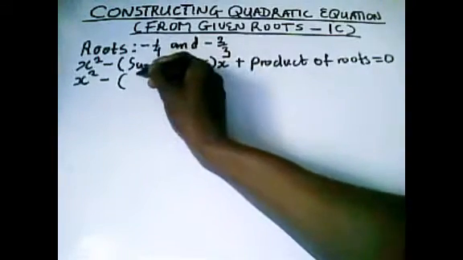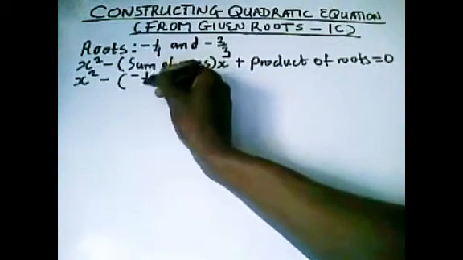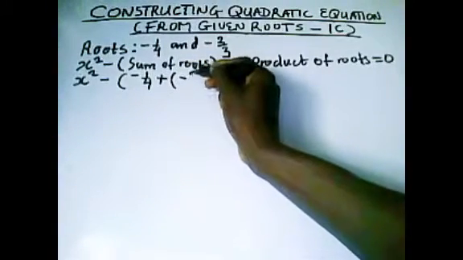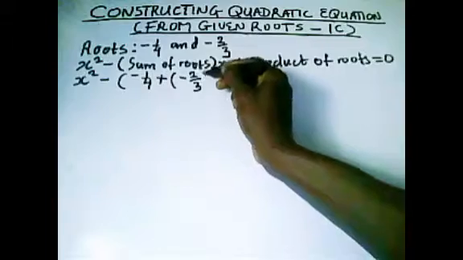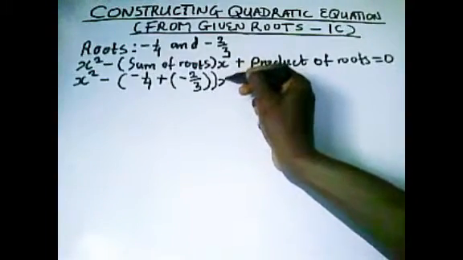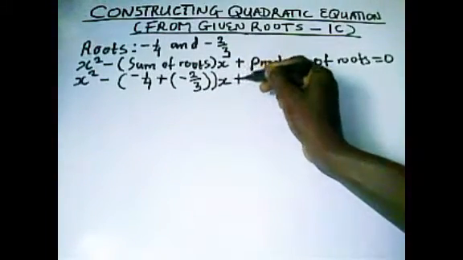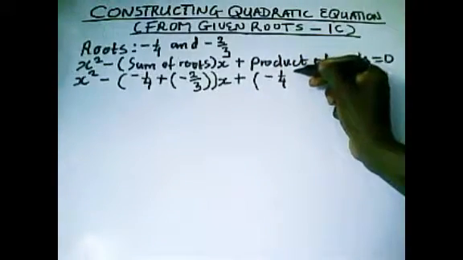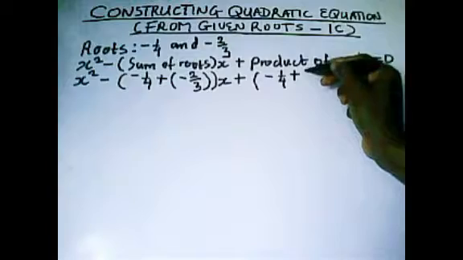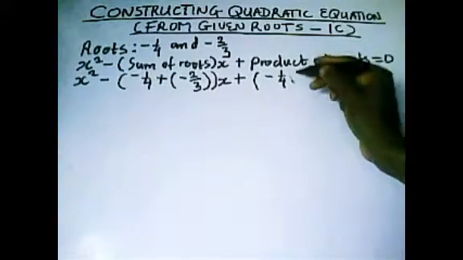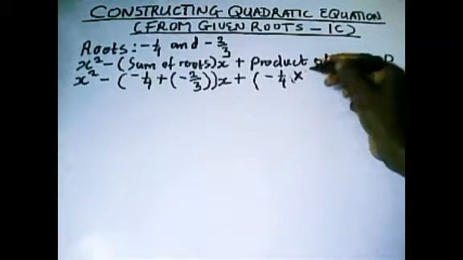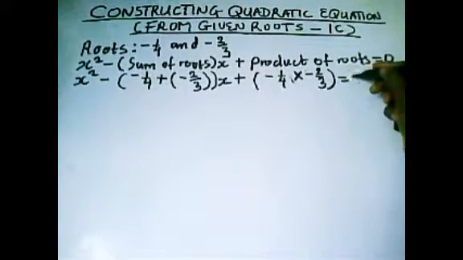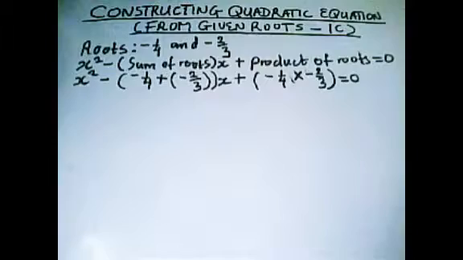For the sum of roots we write minus 1 upon 4, then plus, in bracket, minus 2 upon 3. We close our brackets and then we put our x, then plus. For the product of roots we have minus 1 upon 4, times minus 2 upon 3, then everything equals to 0.